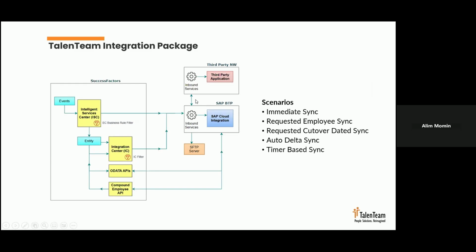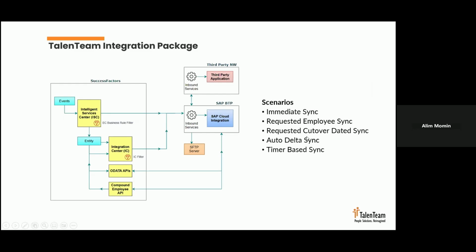If they try to sync the regular flow, they might get a lot of other data as well, which was not required at that moment. They just need to focus on one employee. So this is requested employee sync. The third party will request SAP Cloud Integration, and it will go to SuccessFactors and get all the required data with this combination, OData API and Compound Employee API, and accordingly transfer the data to the third party.